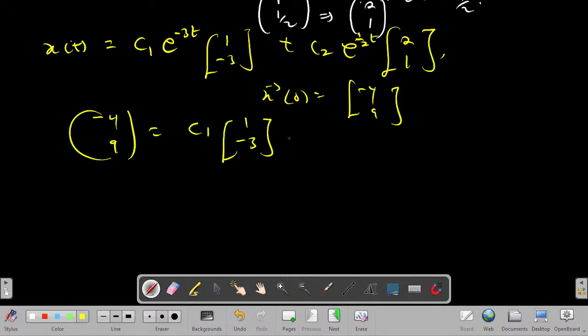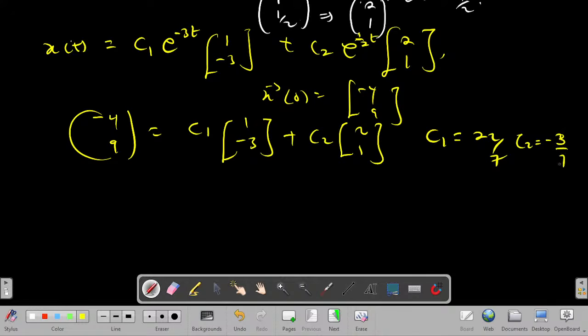Then I have plus c2 multiplying 2, 1. Because when I put 0, I can find my c1 and c2 values respectively. Is that not it? Good. So my c1 will be equal to 22 out of 7. Then my c2 will be equal to negative 3 out of 7.